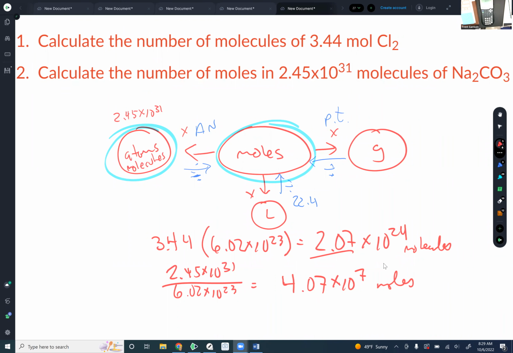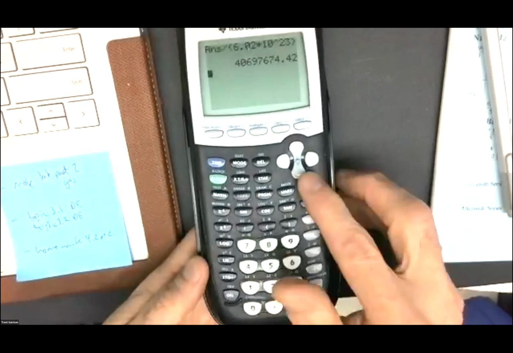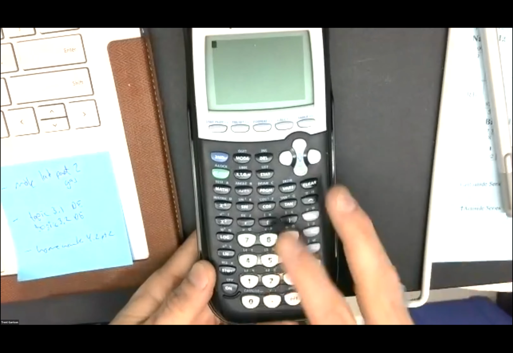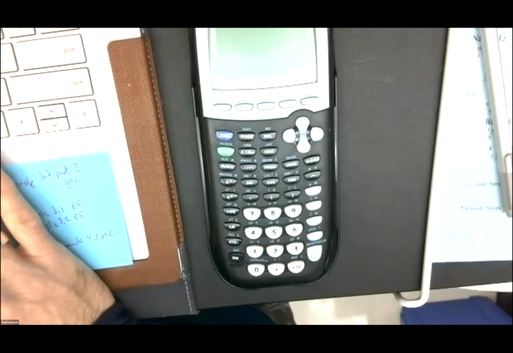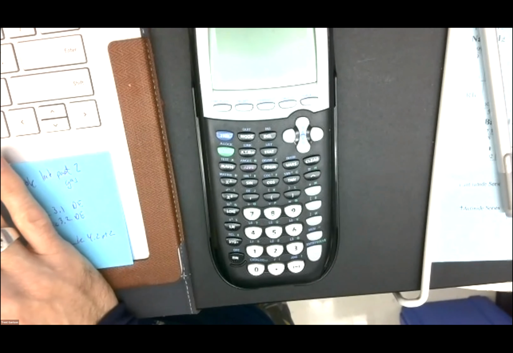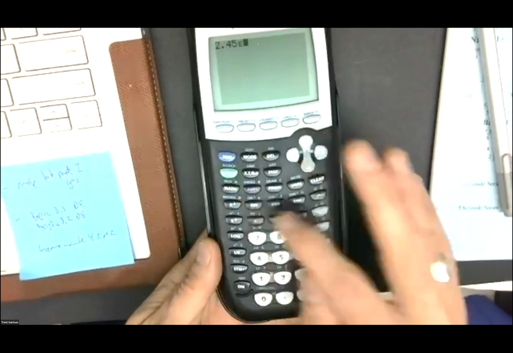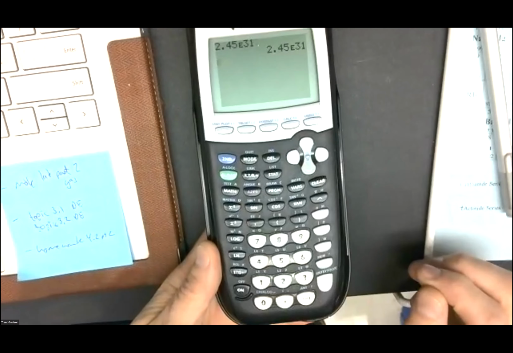2.45 times 10 to the 31 divided by 6.02 times 10 to the 23rd, you get 4.07 times 10 to the 7 moles. Let me show it a different way with the calculator so you can understand a little better what we're trying to accomplish. 2.45 second EE 31, and again I'll push the enter button.